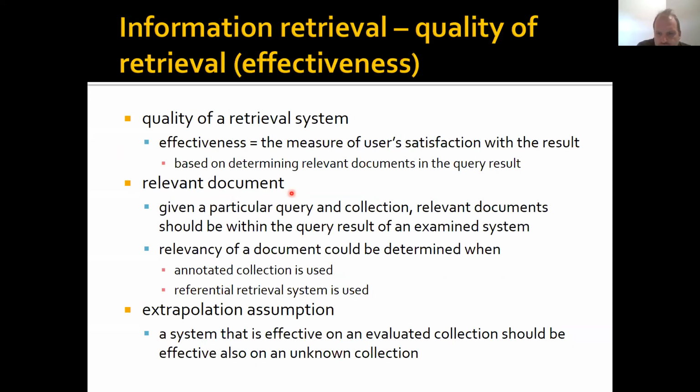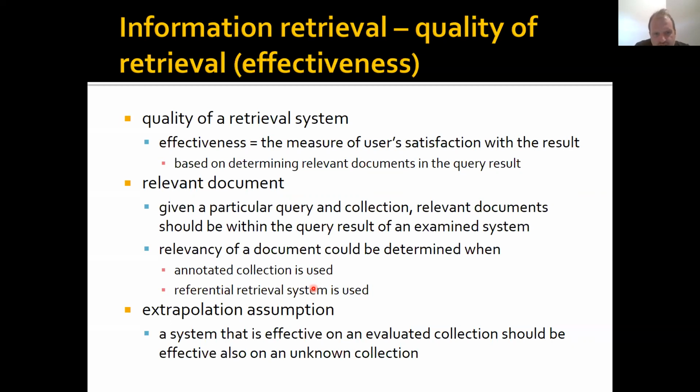If we do have this benchmark, this ground truth, we can evaluate how good a certain system is or is not. So this is the way we can measure the effectiveness.